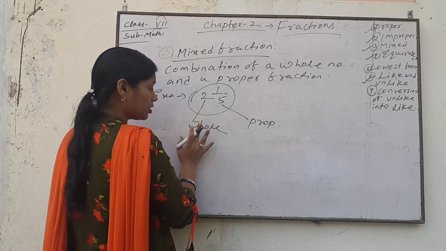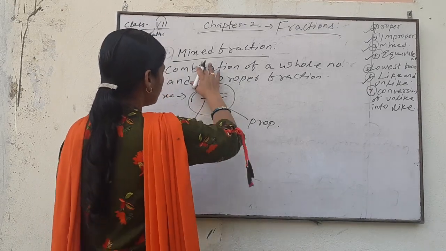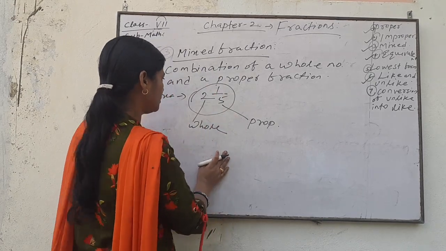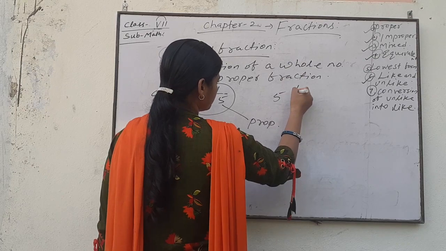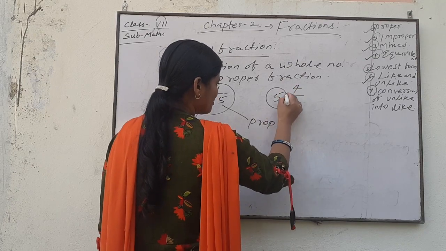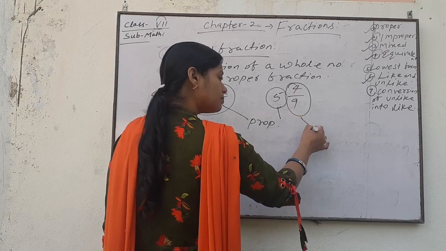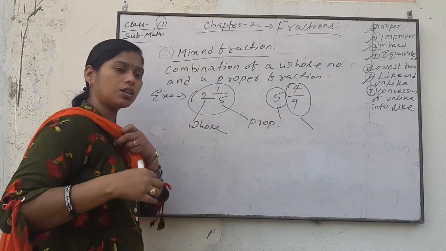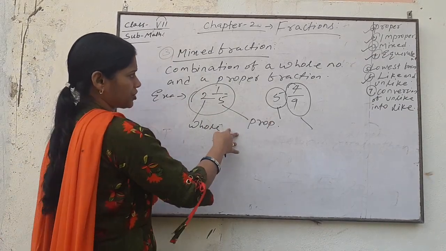So this is the combination of a whole and a proper fraction. So this is the definition of your mixed fraction. One more example, 5 whole 4 by 9. Look here, 5 is a whole number, and 4 by 9 is your proper fraction. So this is the combination of whole and a proper fraction.